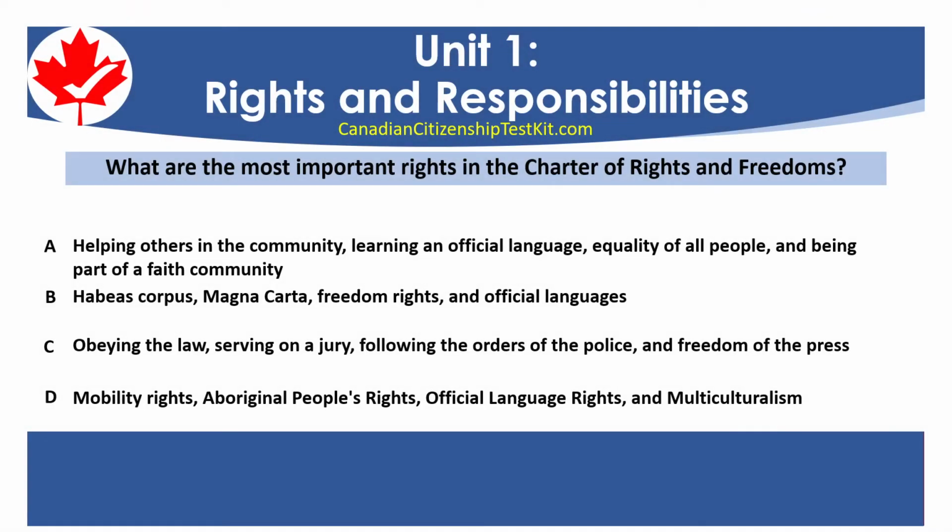What are the most important rights in the Charter of Rights and Freedoms? A. Helping others in the community, learning an official language, equality of all people, and being part of a faith community. B. Habeas corpus, Magna Carta, freedom rights, and official languages. C. Obeying the law, serving on a jury, following the orders of the police, and freedom of the press.